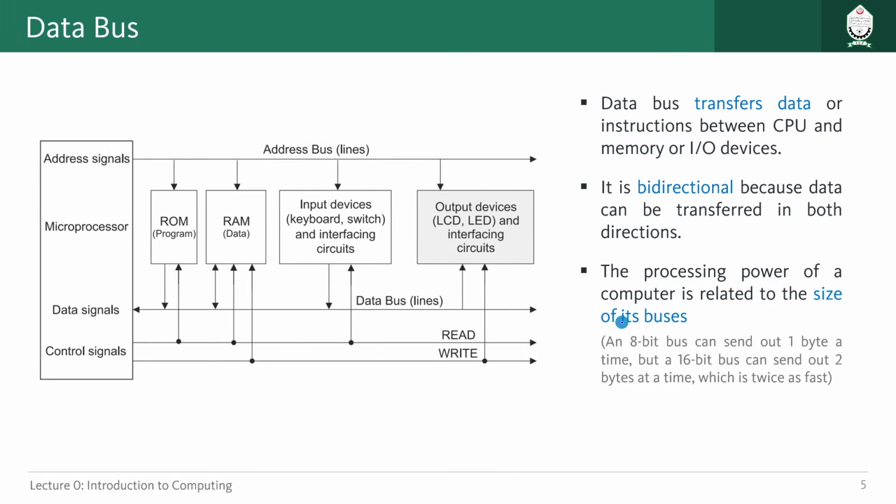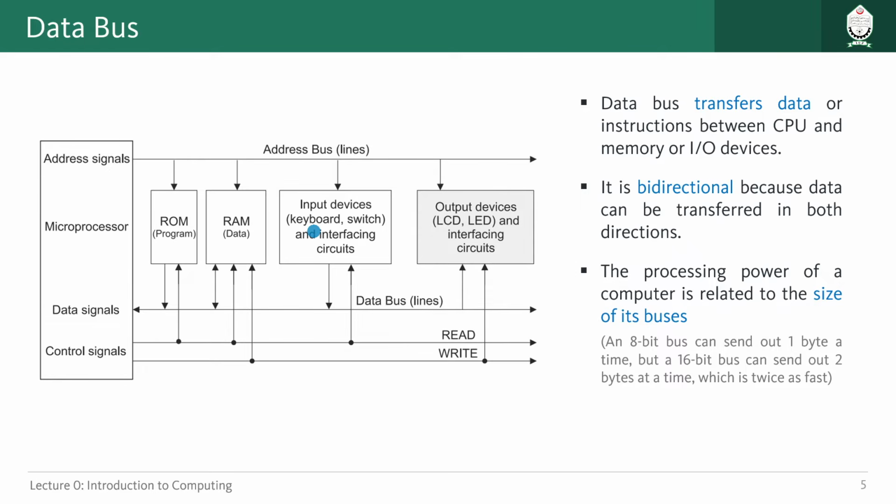Then let us talk about the data bus. After we have addressed a specific memory location, we can either fetch the data or write some data in that location. To transfer any data to a particular memory location, or maybe to an output device to display some data, or to take some data from input devices, all of these are possible with the help of the data bus.